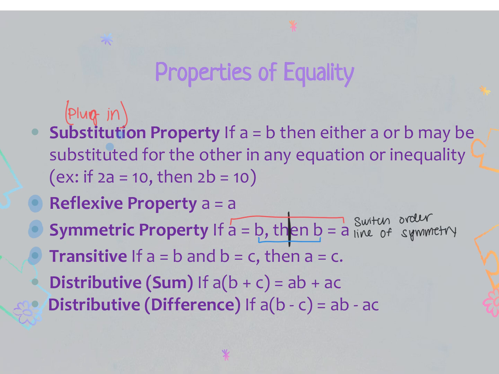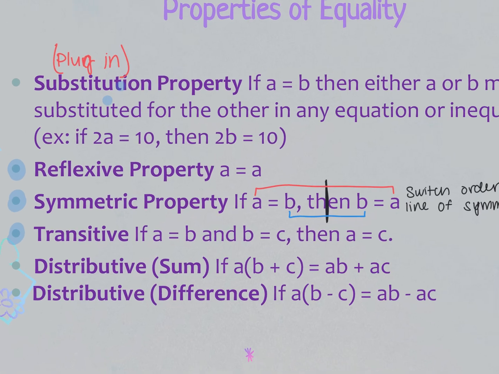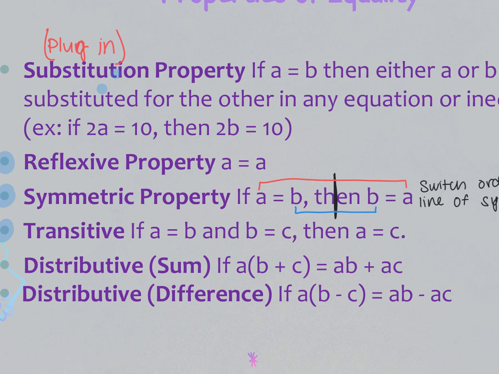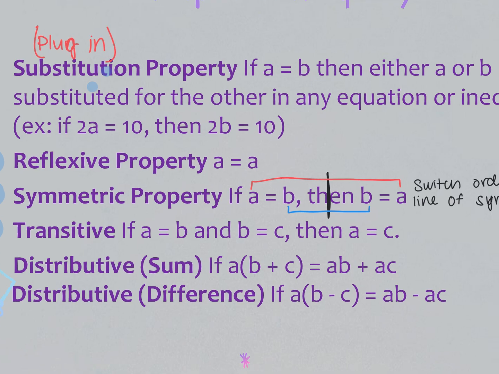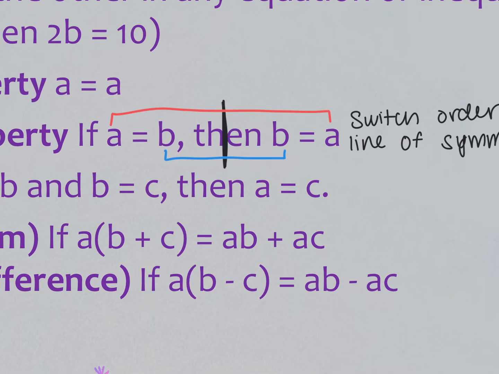Now, transitive. Look at my transitive property. Can anybody tell me what law this looks like? We covered 2 laws. What law does this one look like? Yes. Good. This looks like law of syllogism. All you're doing is you're getting rid of that overlap. So I'm going to go ahead and write law of syllogism.